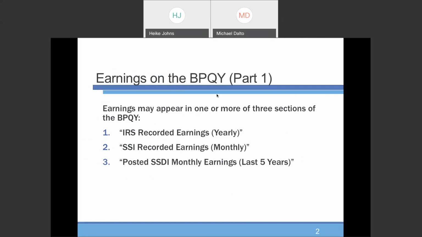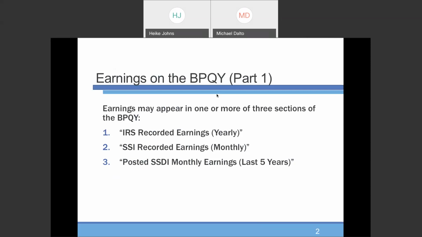There's the IRS recorded earnings section, which just shows yearly earnings that IRS reported to Social Security. There's SSI recorded earnings monthly. That'll show up if the individual receives or received SSI and reported earnings, and Social Security entered them into their system. And third is posted SSDI monthly earnings for the last 5 years.